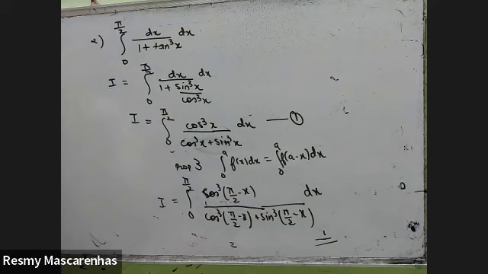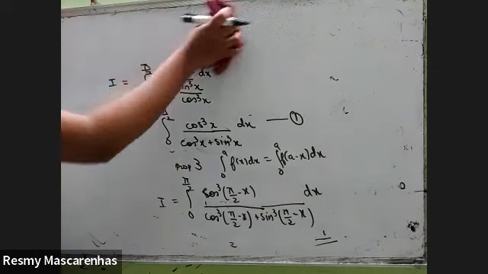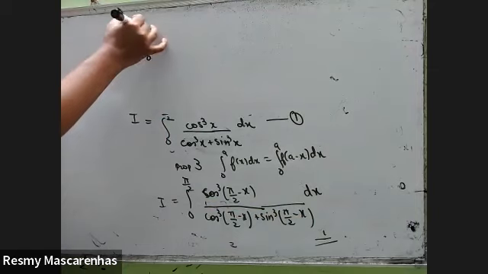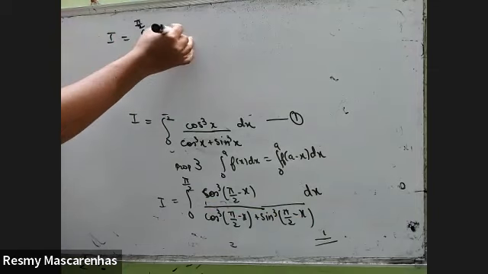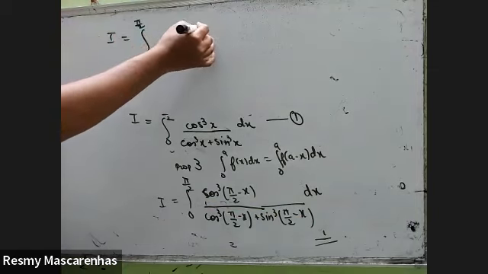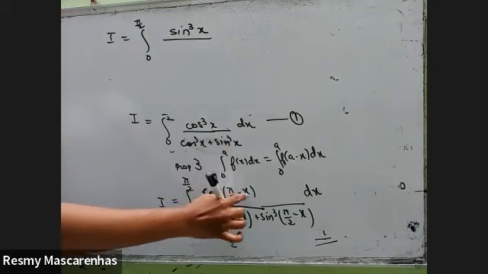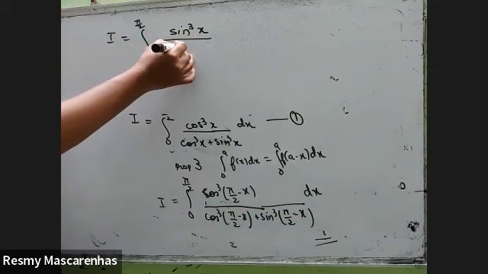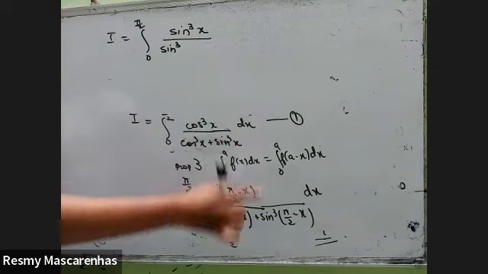And because there's a cube sign, everything else also will get a cube. Cos cube of pi by 2 minus theta will be sine cube theta. Ulta, it becomes cos becomes sine and sine becomes cos.